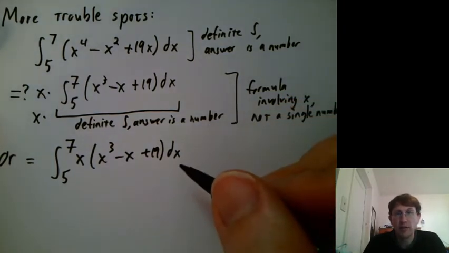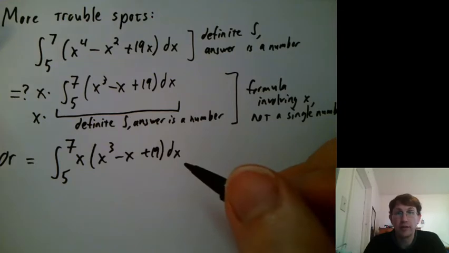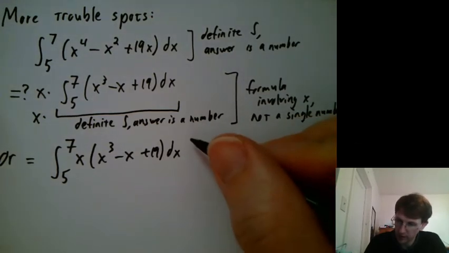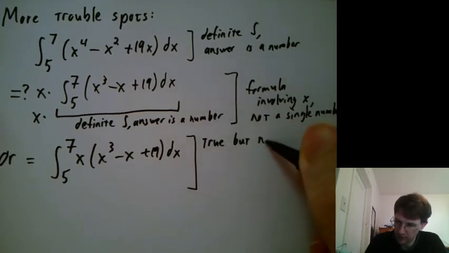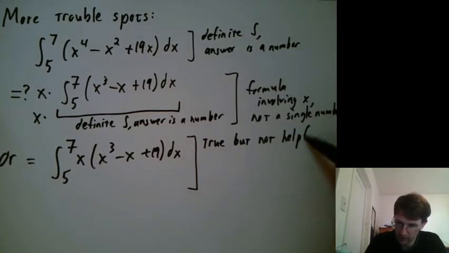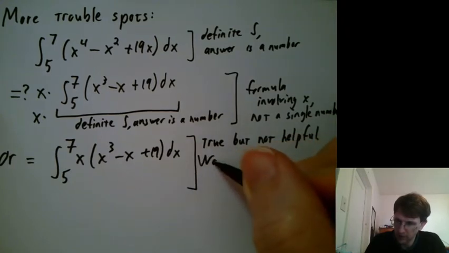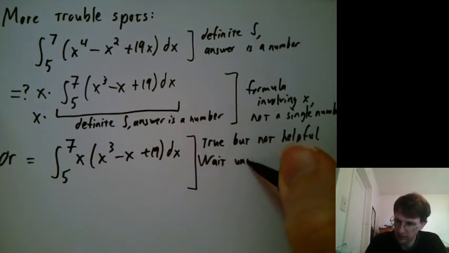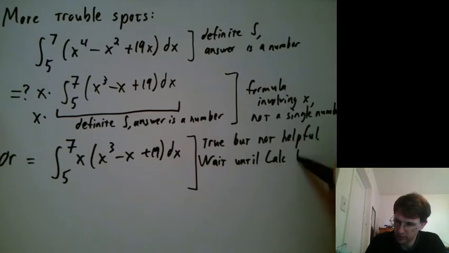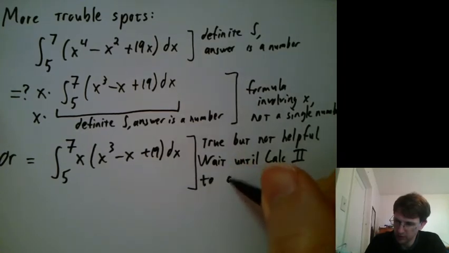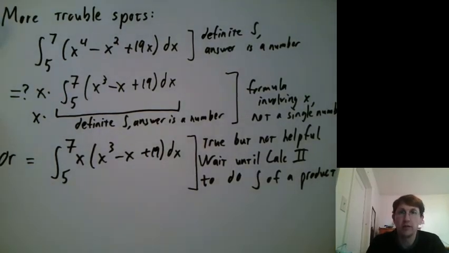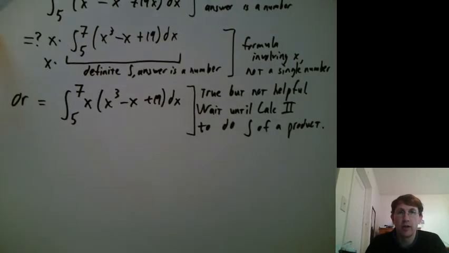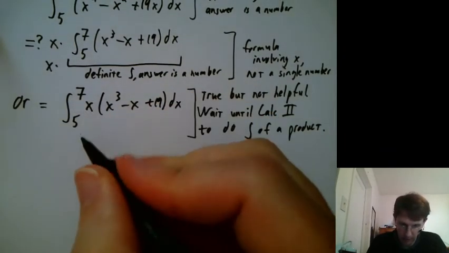And there is something like that, but it's a Calc 2 thing, called integration by parts. So to this we'll say true but not helpful. You have to wait until Calc 2 to do the integral of a product of two functions. Okay, so we can't save ourselves any time there.